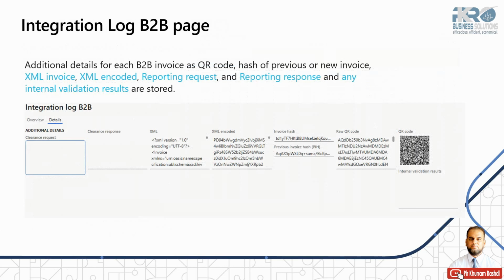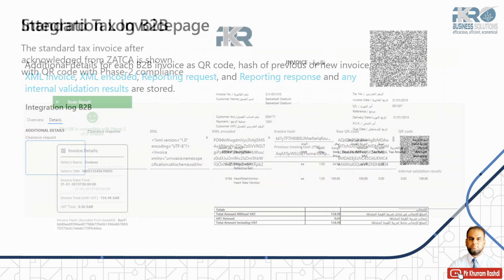The next tab of the same page shows the generated XML and the XML encoded, which is encrypted with the digital certificate provided by ZATCA, then the current invoice hash and previous invoice hash, then the raw QR code plus the image of the QR code, and internal validation results, if there are any errors, will also be shown here.